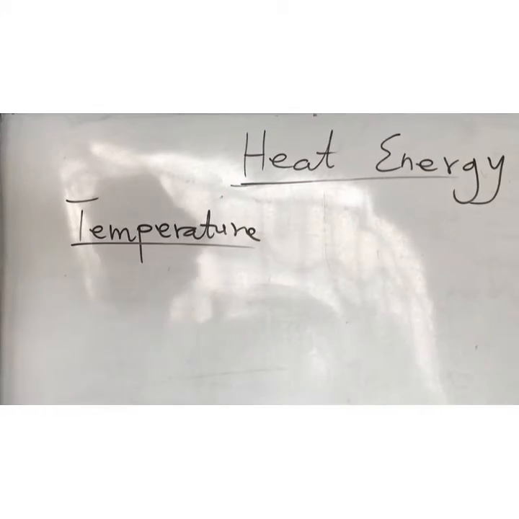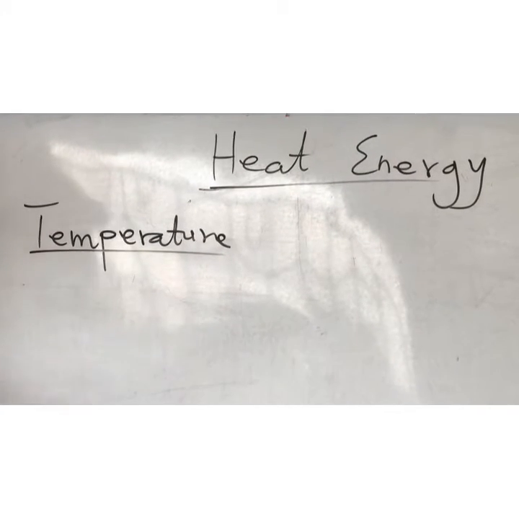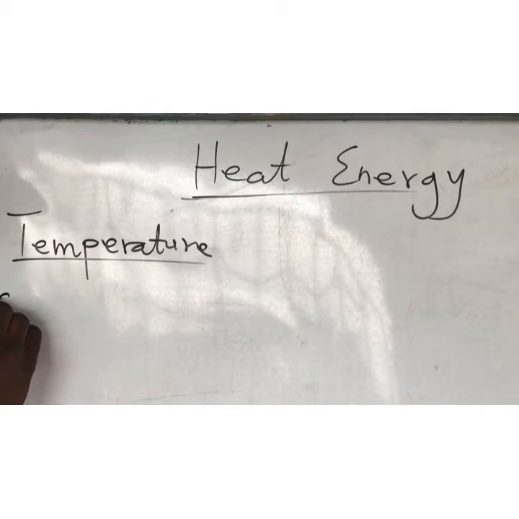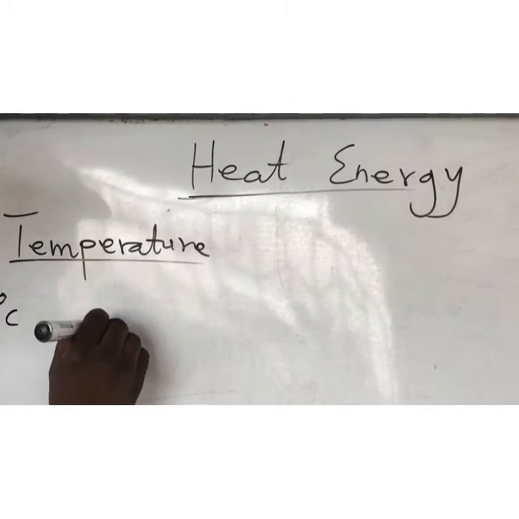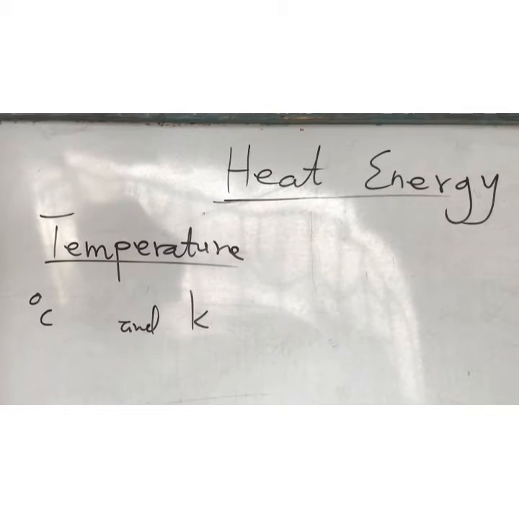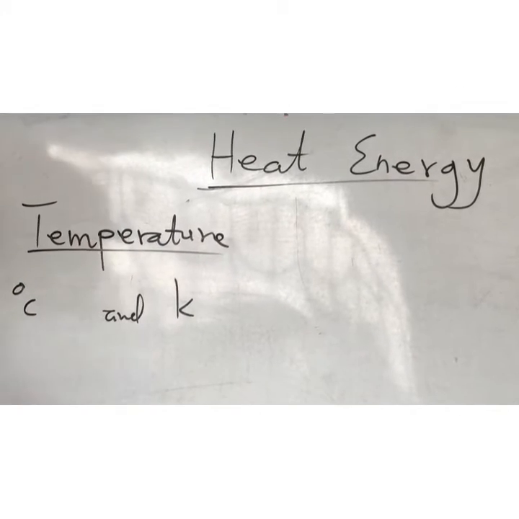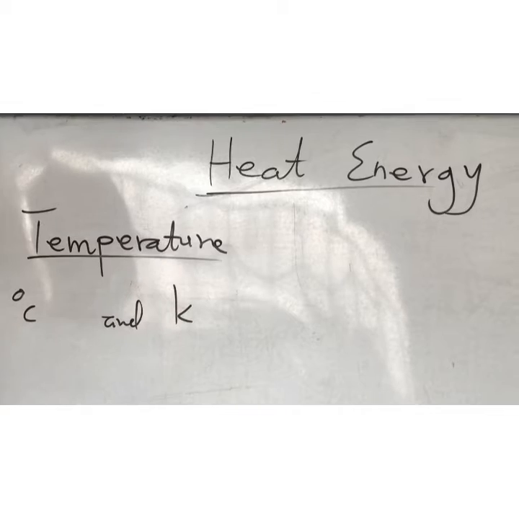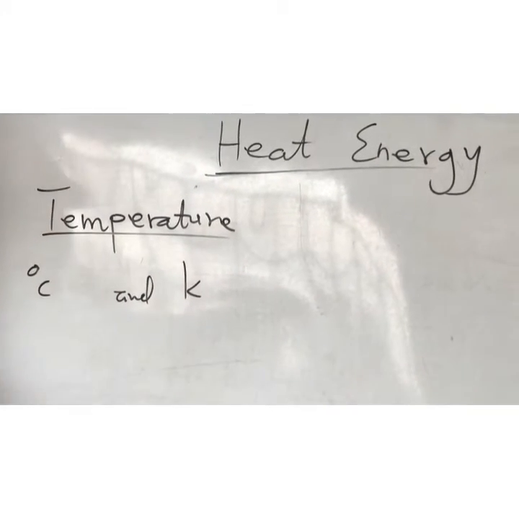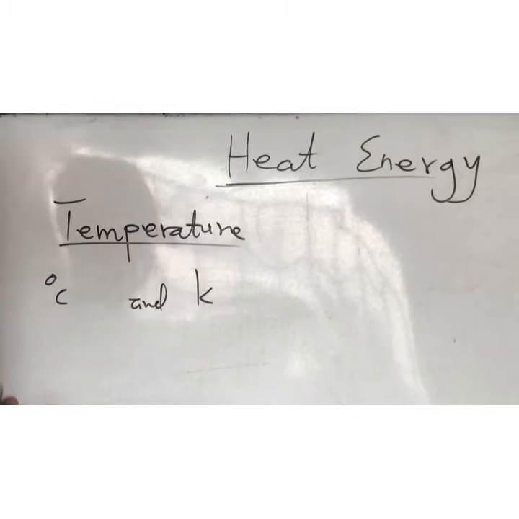So we are going to look at some scales or the degrees in which temperature is measured. We have the degree Celsius scale, and then the Kelvin scale. There is a relationship between the degree Celsius and the Kelvin, and you can be asked to change from one unit to the other.